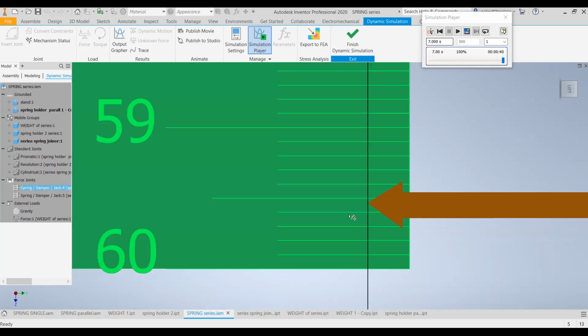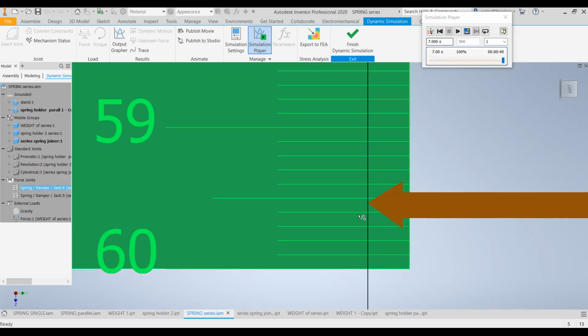Okay, so 59.55. So 37.9 minus 59.55 centimeter.